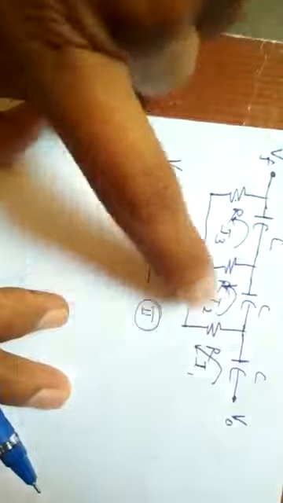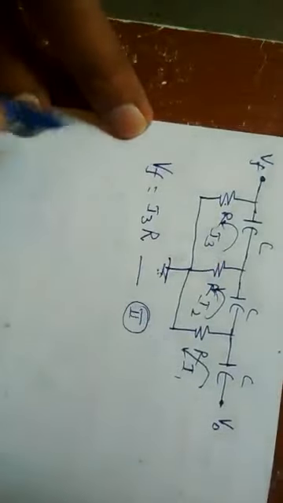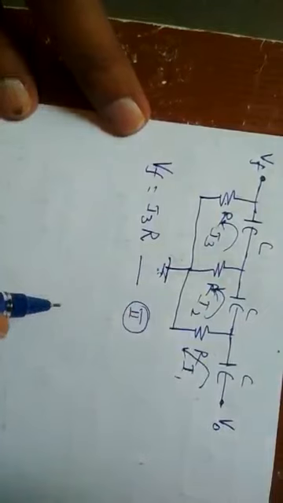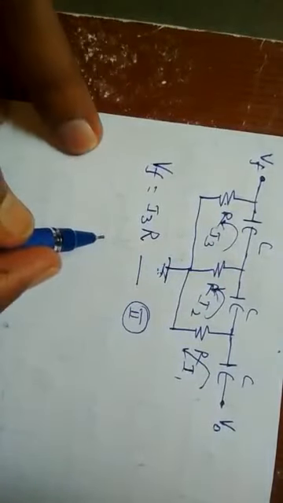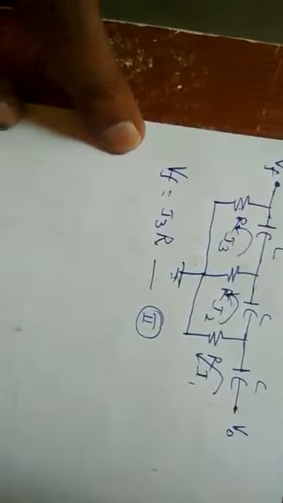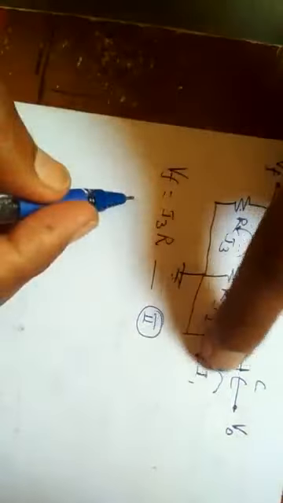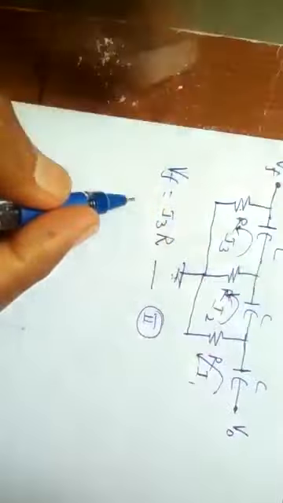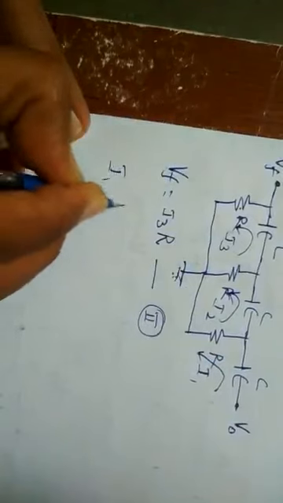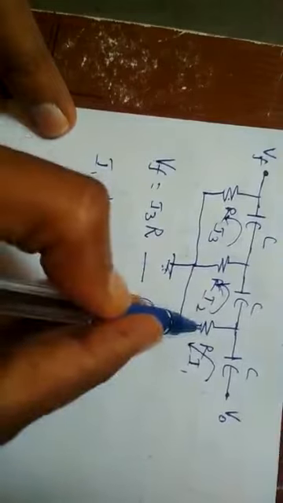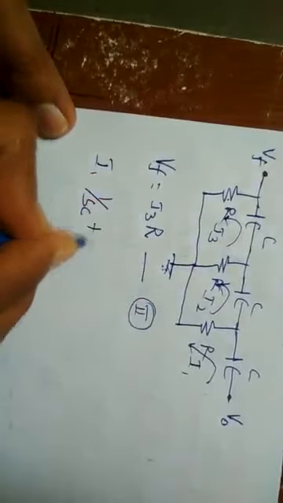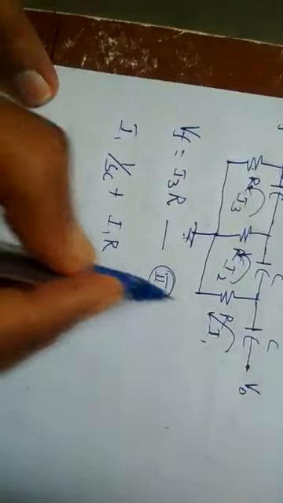Then from this circuit we have to find individually the currents I1, I2 and I3. By considering the first loop and the effect of I1, if you write the potential equation, the potential drop in this capacitor is I1 into 1 by SC, because it is a capacitor, and the potential drop in this R is plus I1R, which will be equal to the other side potential.